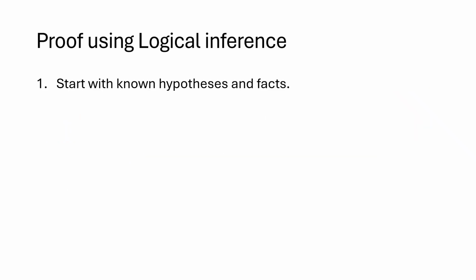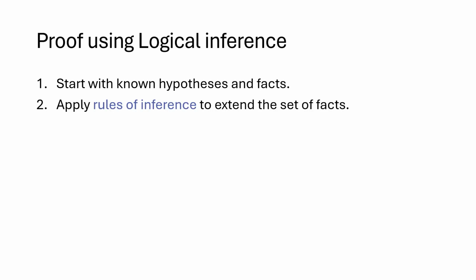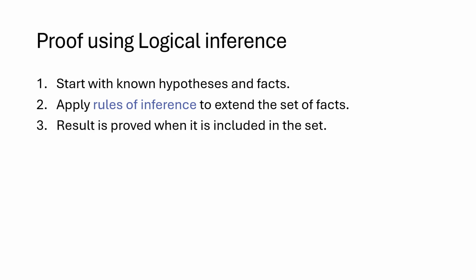Now, more algorithmically, this is how it works. We start by listing all our hypotheses, the things that we know or assume to be true. And then we look at the set of rules of inference that we have and see whether any one of them is applicable. And if it is, then we can extend the set of known facts by the new conclusion. And now we have a larger set of things that we know. And we continue doing this until we are able to reach the conclusion.